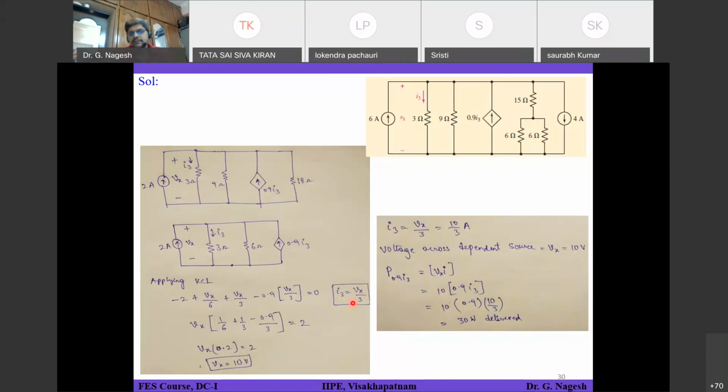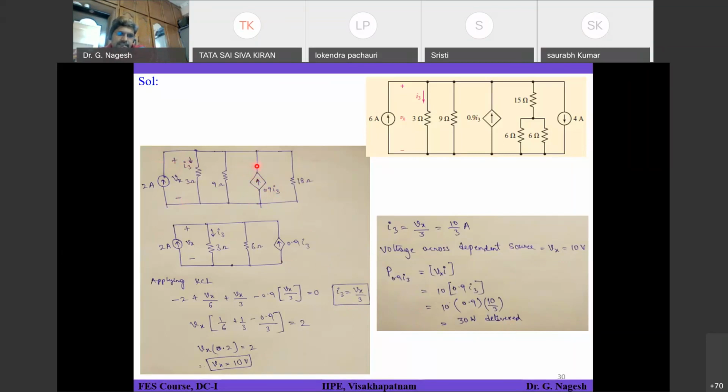Next they have asked what is the power delivered by the independent current source. So first thing, I'm calculating the delivered power. Delivered means current leaving that particular terminal. So this is your Vx, right? The same plus sign will come here.